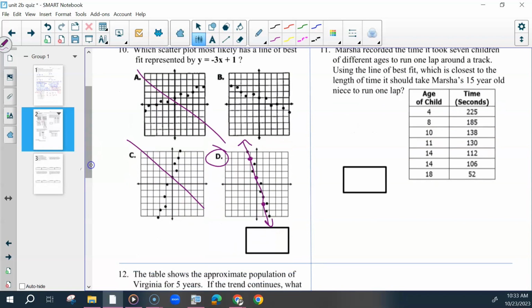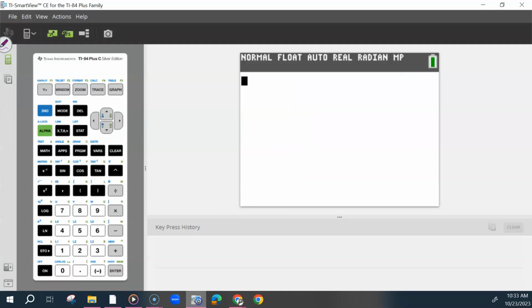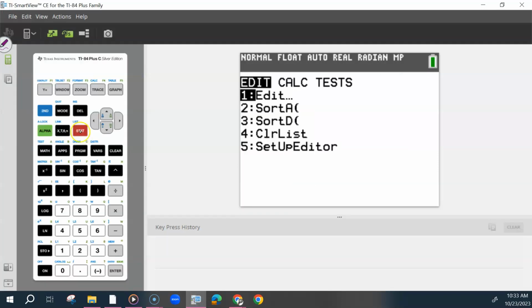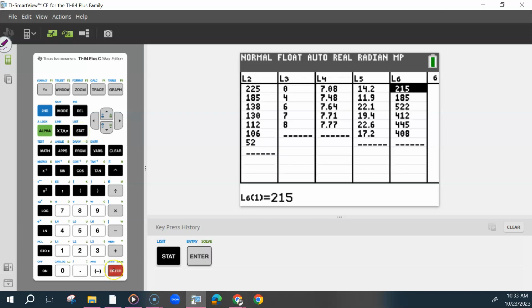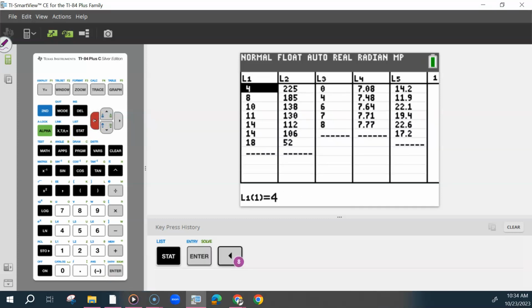The other ones I'm going to show on the calculator what you should have wrote and shown me. My calculator, if you want to do this along with me, I already have this in my calculator to save time. So I would have went into stat, I would have went into edit, and I would have put in, ignore that there's 6 things, I have a bunch of stuff going on. I would have put these into L1, L2.